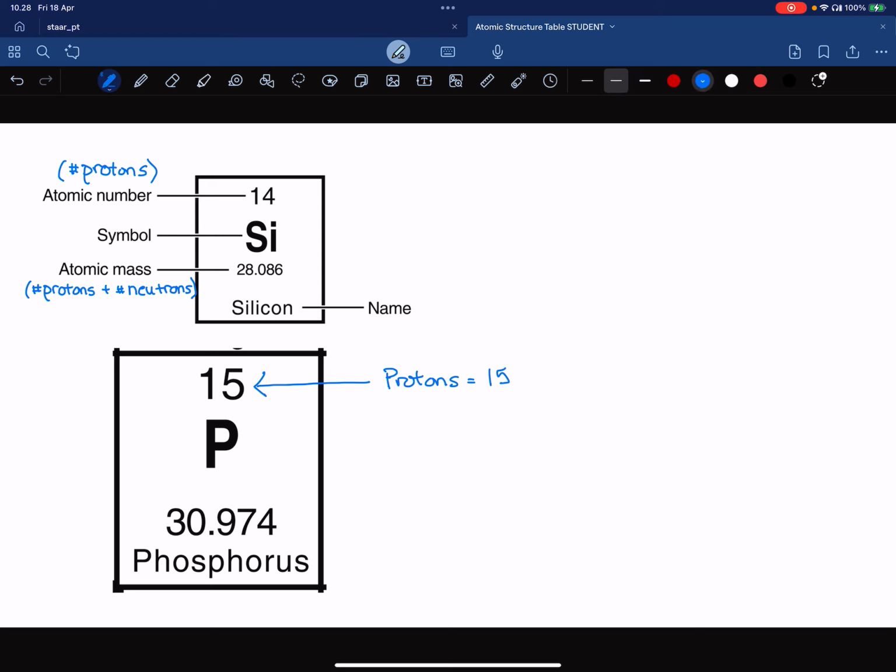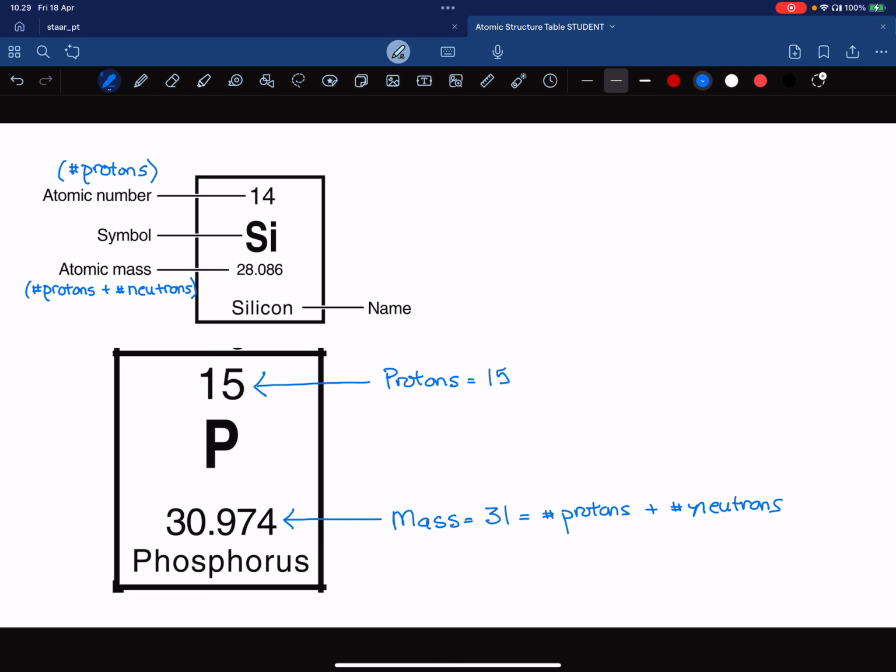Okay? So we take a look at the atomic mass, right? 30.974. We round to the nearest whole number. So here we would say that the mass is equal to 31. And that is the number of protons plus the number of neutrons.